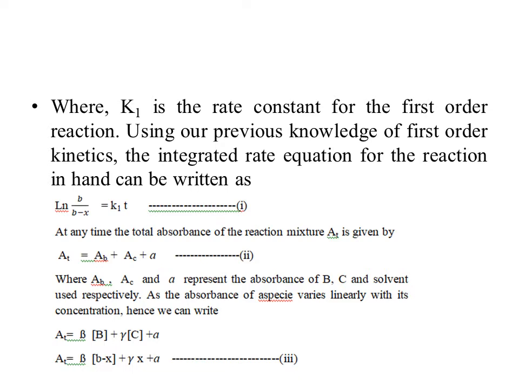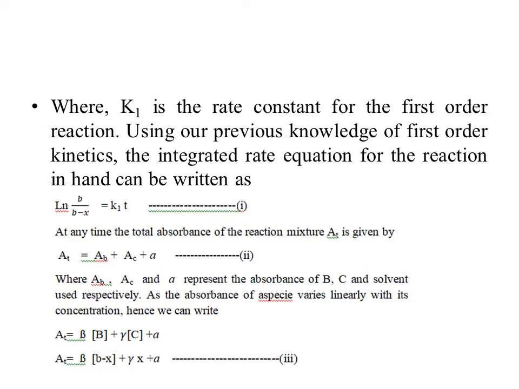As the absorbance of species varies linearly with its concentration, hence we can write absorbance at any time t, AT, is equal to beta into concentration of B plus gamma into concentration of C plus alpha.